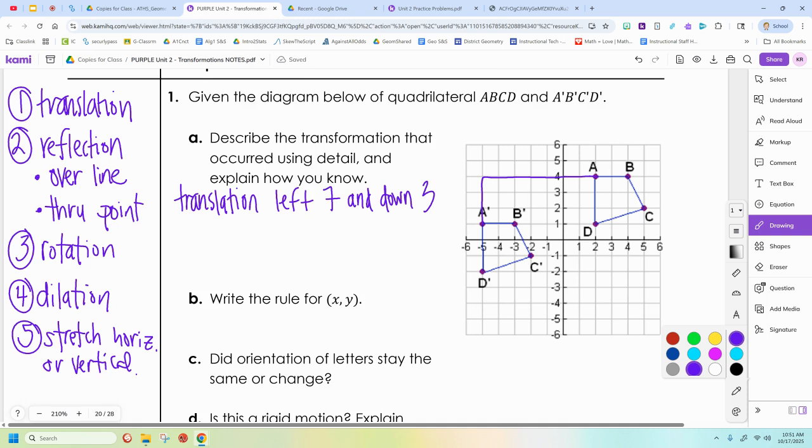The other thing that you could say, and this is helpful, is corresponding sides are parallel, right? Do you remember that idea? So as we slide, corresponding sides are parallel.